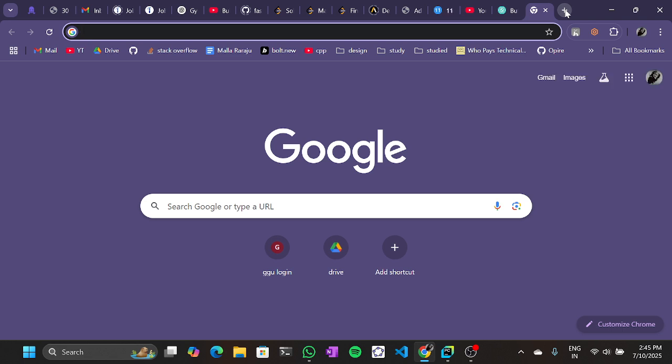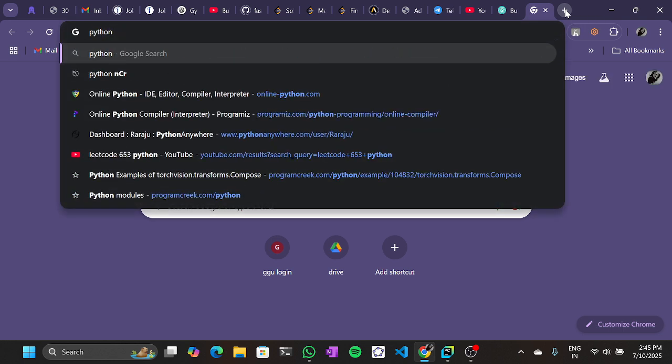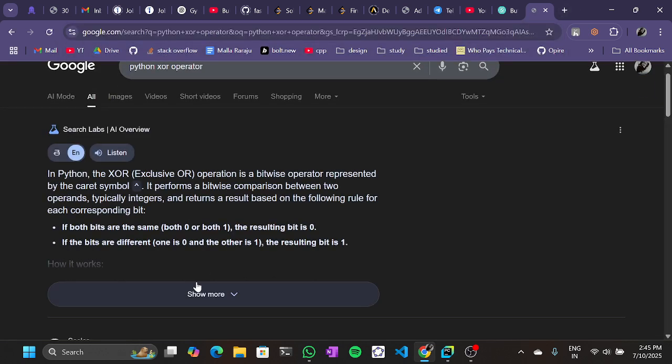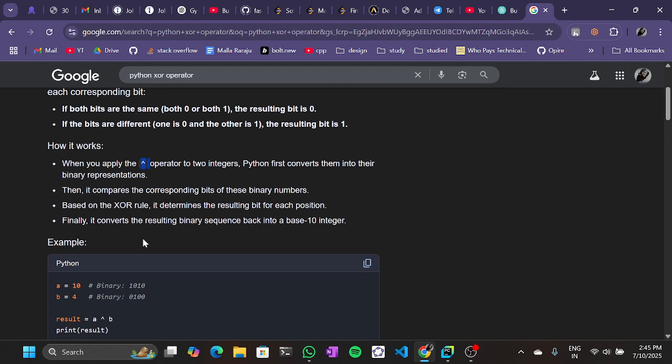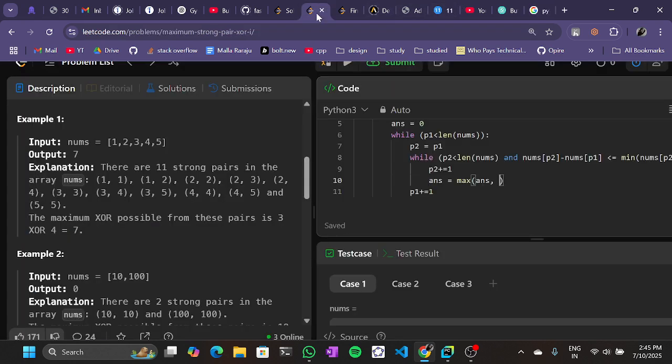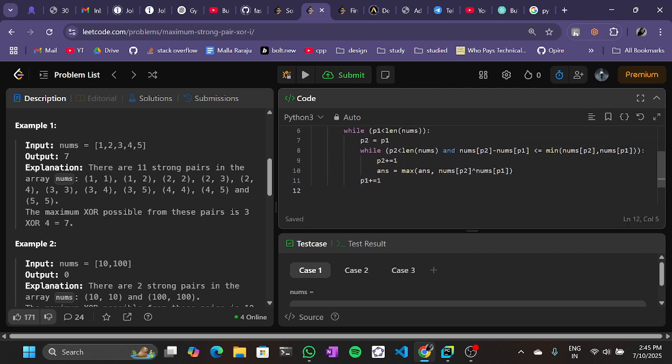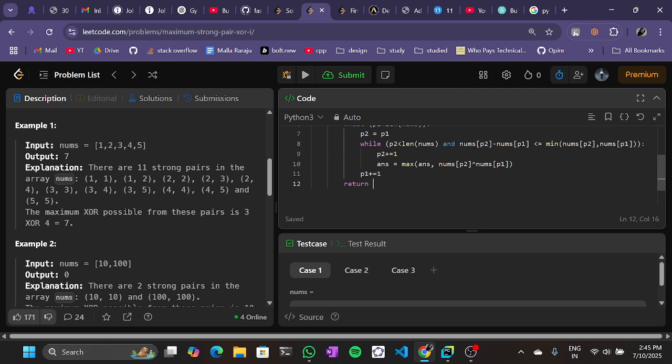Let's check Python binary operators. So this is the XOR operator. How will this work?